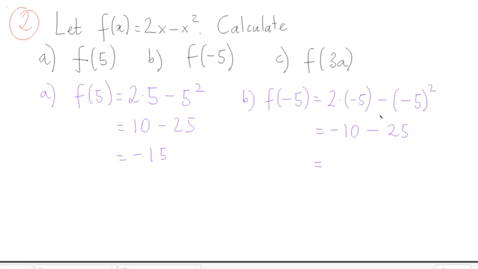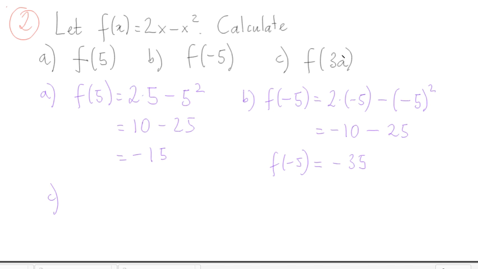But since I have a negative number in front of it, it becomes negative. So f of minus 5 is equal to minus 10, minus 25, which is minus 35.